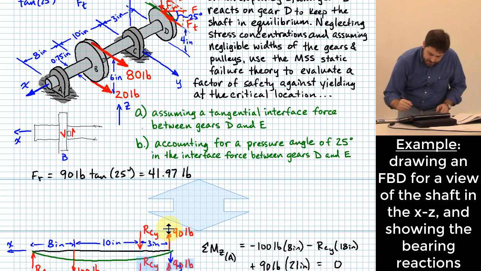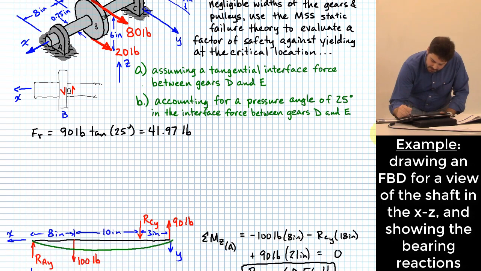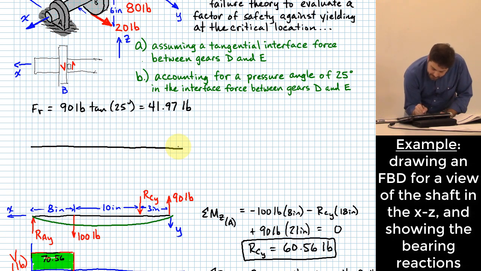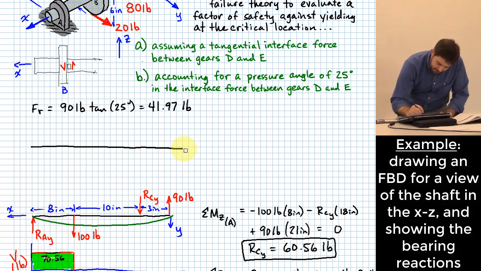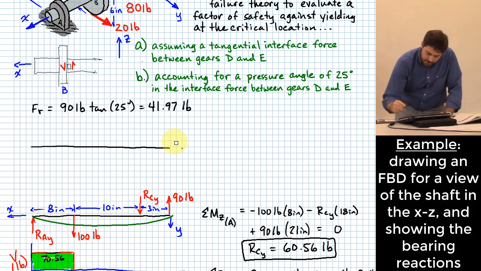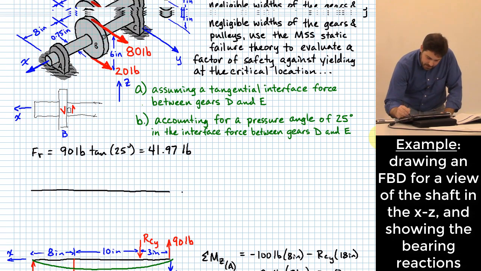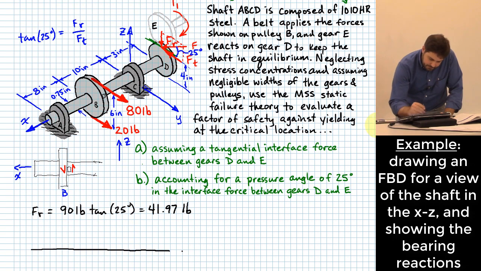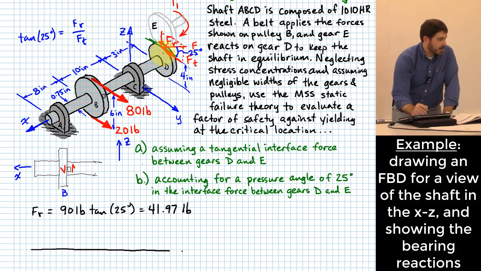Okay, so let me draw it. We're going to do a diagram similar to the one that we just did here, where we look at that shaft, but this time we're going to look at the shaft on another set of axes. Because FR is going to flex this thing in the xz plane, which will be moments around the y.